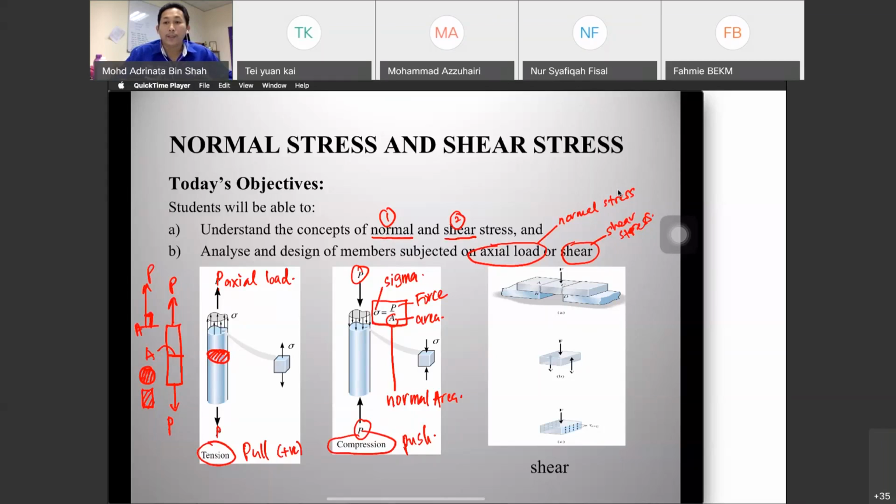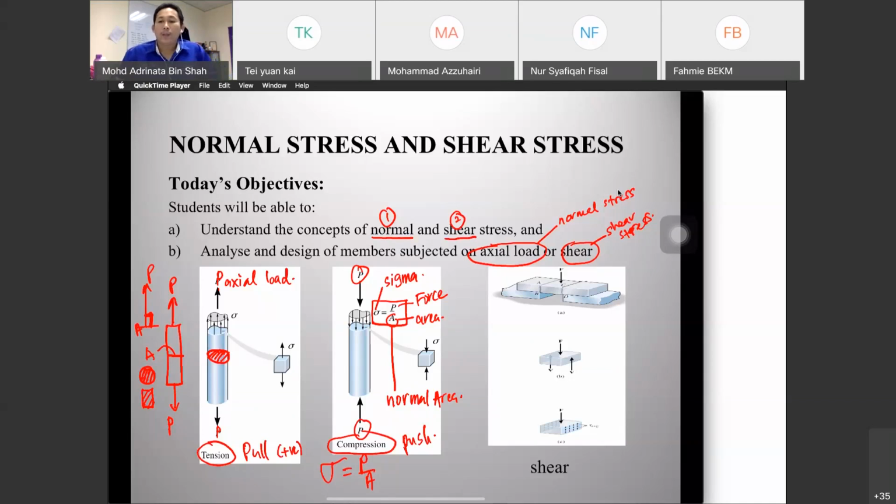For tension and compression, it is the same. It must be perpendicular. So the first equation is sigma equals P over A, or F over A. It's the same. And the next one is shear.